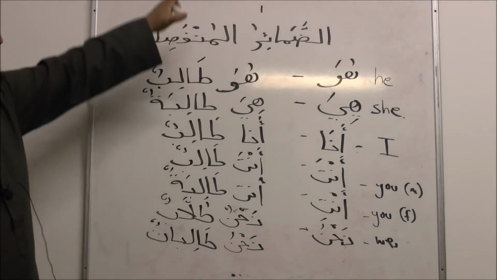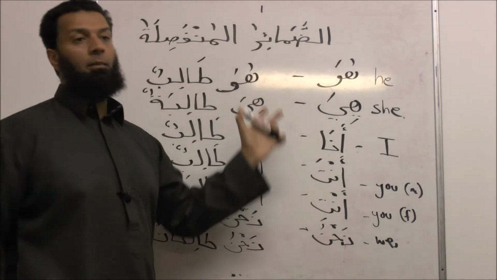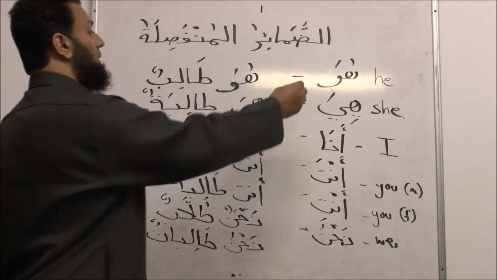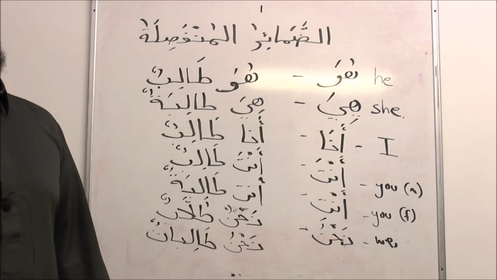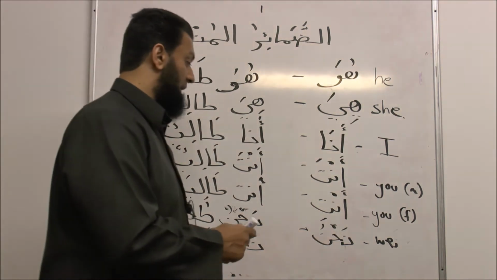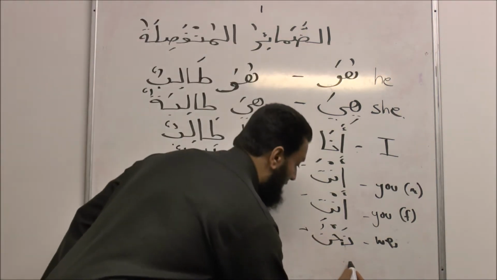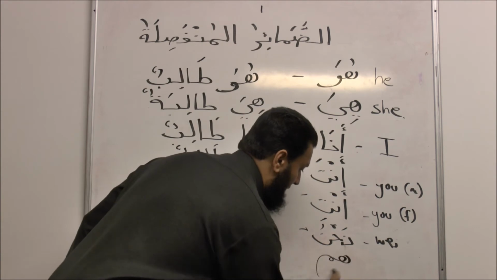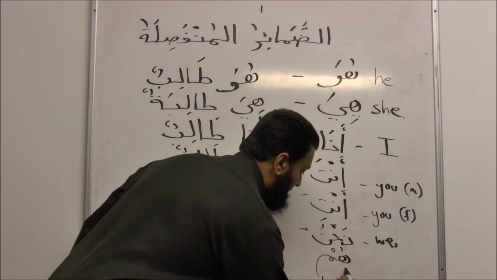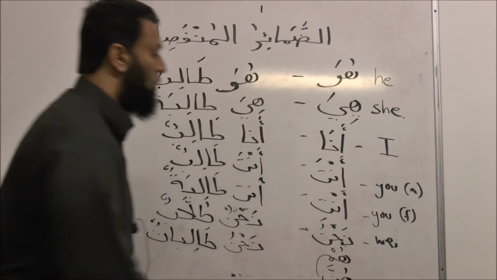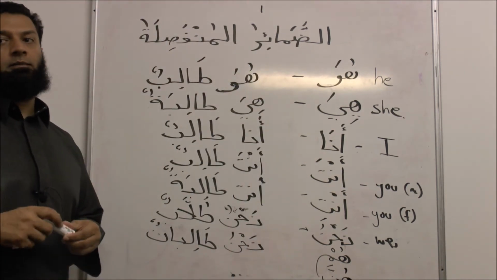Okay, so these are the most common ones. Okay, هو هي أنا أنت أنتِ and نحن. The other two that we should mention also, as you seem to know these, mashallah, are hum and hunna. Hum and hunna.